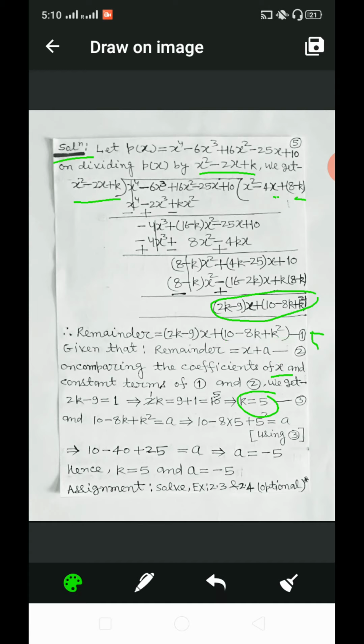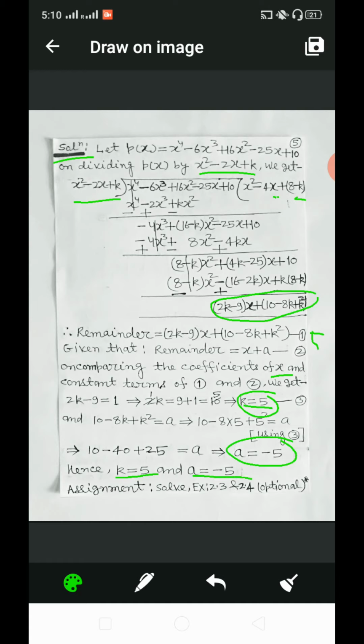This implies that a is equal to 10 minus 8 into 5 plus 5 square, putting the value of k from 3. We get a is equal to 25 plus 10 minus 40, and this implies that a is equal to minus 5. Hence we get k is equal to 5 and a is equal to minus 5.